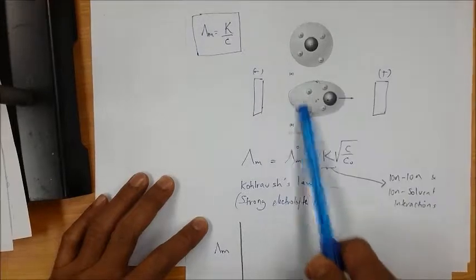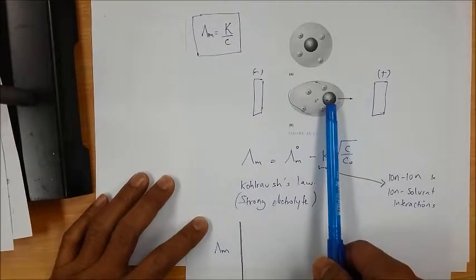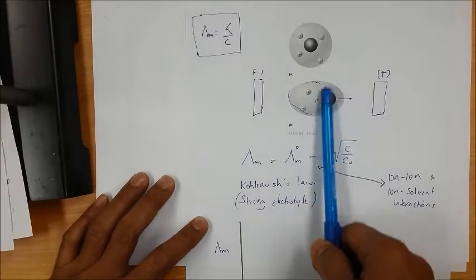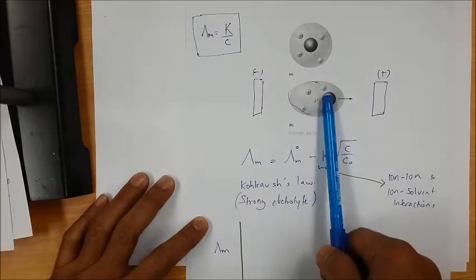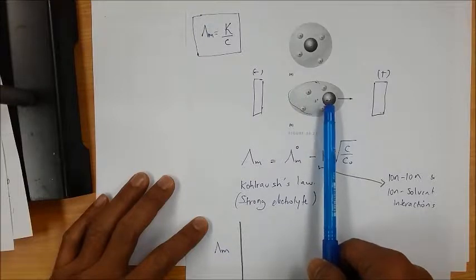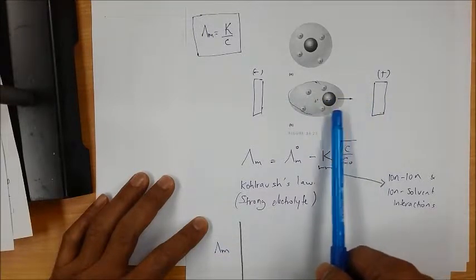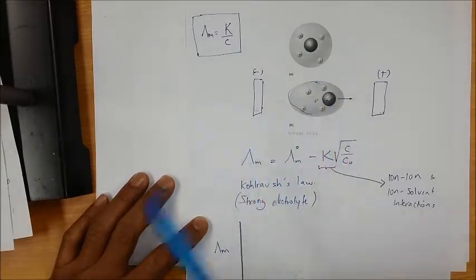Because the negative ion is moving in this direction, this part will be more negative and this part will be positive, and this creates an attraction on the negative ion moving in this direction, which slows down the movement of the ions.